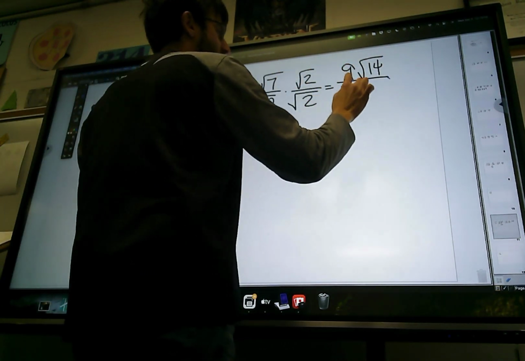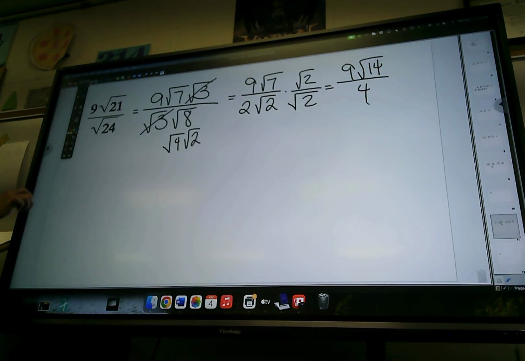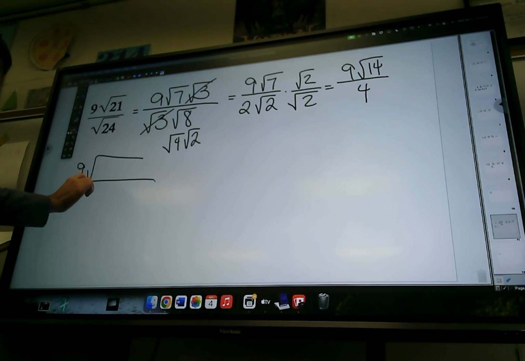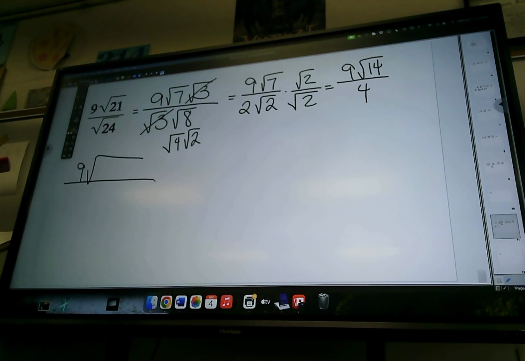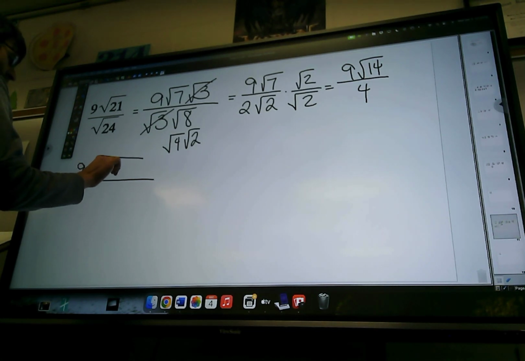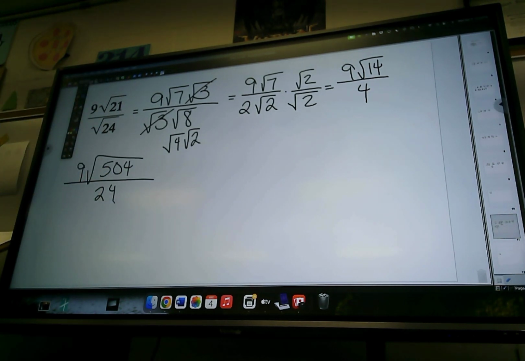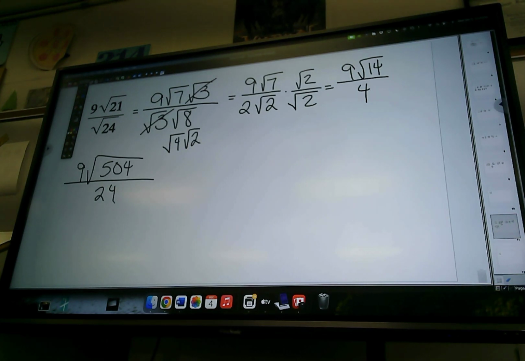Two times square root of 4 is 4. Because do you see how if I started out at the beginning, I'm going to have 9 square root of 504, and then I'm going to have to continue to break down 504, and then I'm going to have to reduce the fraction as well.